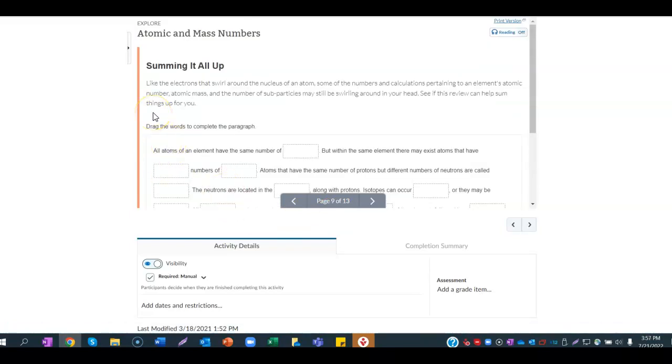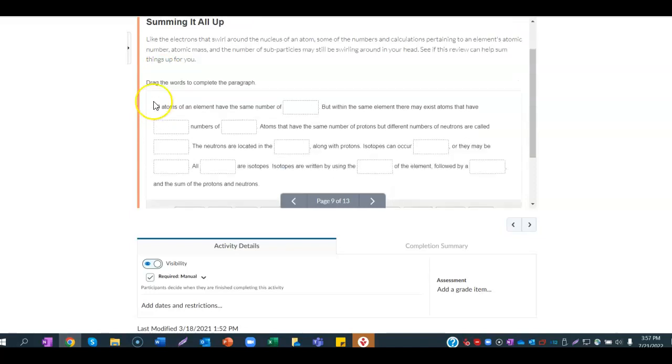So like the electrons that swirl around the nucleus of an atom, some of the numbers and calculations pertaining to an element's atomic number, atomic mass, and the number of subatomic particles may still be swirling around in your head. See if this review can help you just sum things up. So it says drag the words to complete the paragraph.